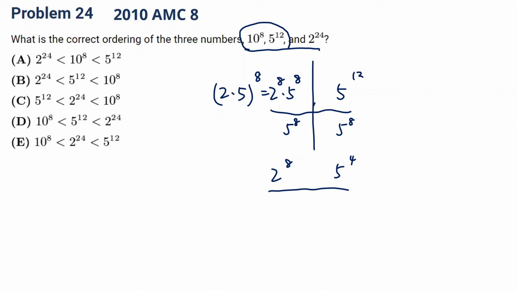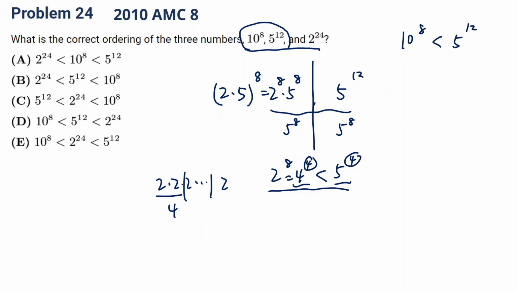So 2 power of 8 is 2 times 2 times 2 together. So 2 times 2 is 4. This will be the same as 4 power of 4. Now we can see they have the same power, but the base 5 is bigger. So when comparing the first two, 10 power of 8 is smaller than 5 power of 12.